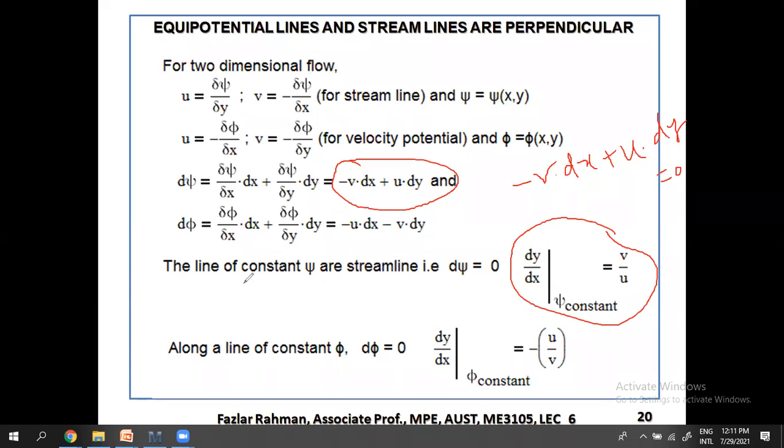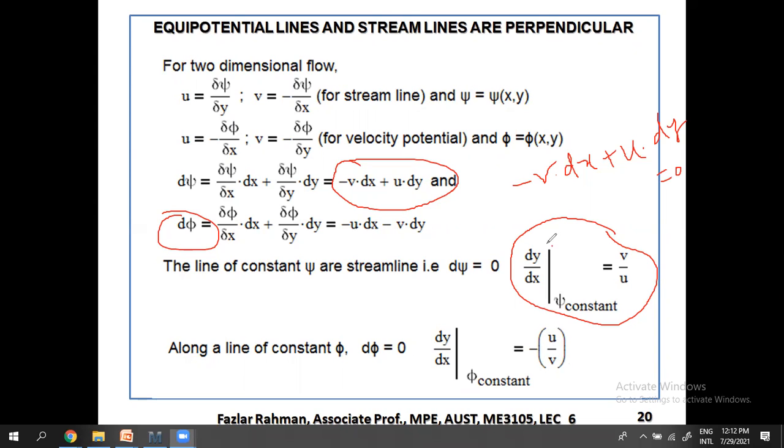Similarly, if along a line phi is constant, then d phi will be 0. So from here, I can figure out the value of dy by dx. So dy by dx, and I am saying phi constant, that means this dy by dx is for a line where the velocity potential function phi is constant. And we are getting minus u by v.